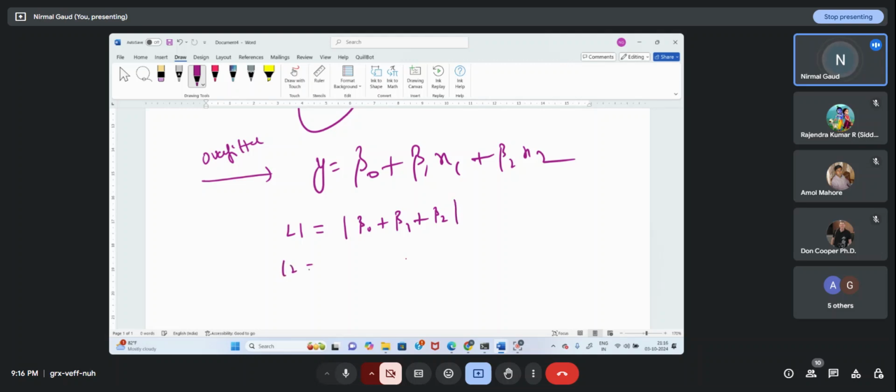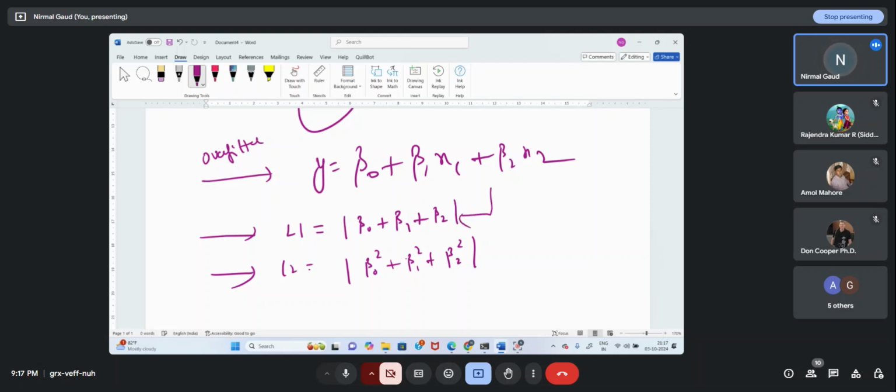In L2 you can take the sum of the squares of the coefficients. This is L1, this is L2.